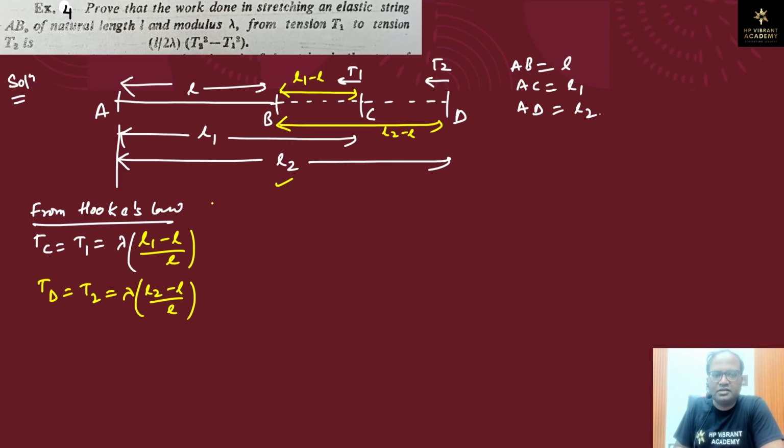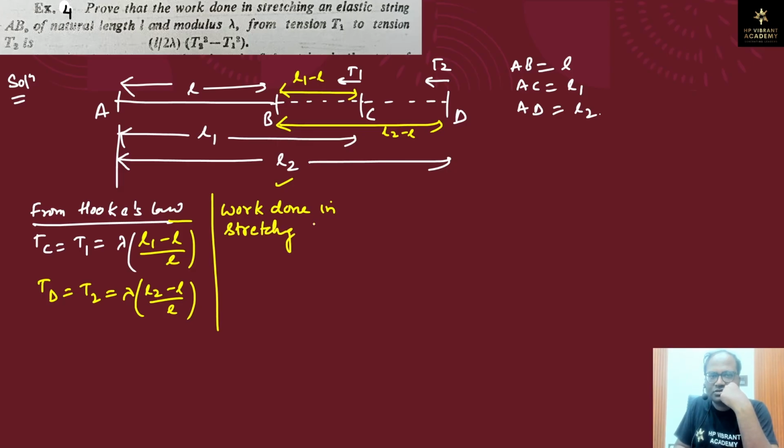And as per the deductions from Hooke's law that we have already studied, the work done in stretching the string from C to D is equal to the extension CD into the mean of initial and final tension.